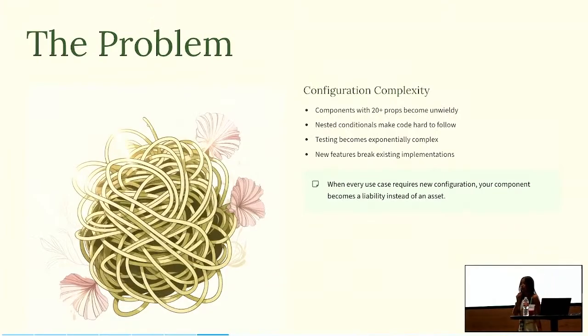Now, the problem with configuration is that it can get very complex. You can have one component with 10, 20, 30 props. In our case, when we initially had our component library, it was ad hoc and just a bunch of developers throwing together components, not really being maintained. And so if one company needed certain functionality, we would just add a prop that could do that functionality instead of taking the time to build thoughtful components.